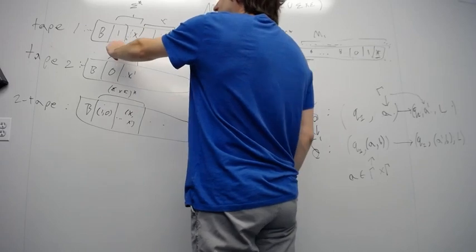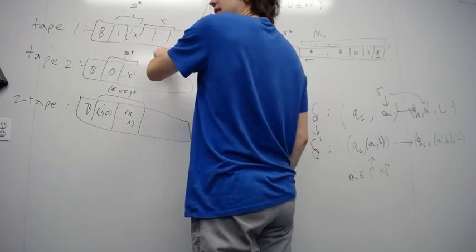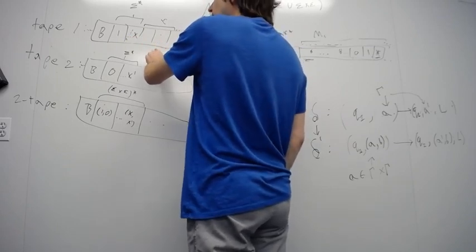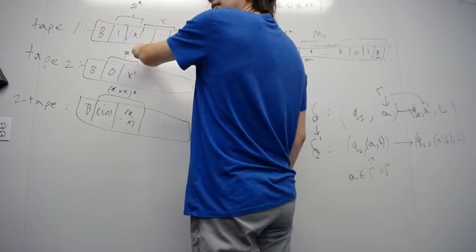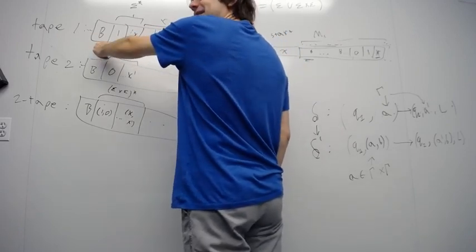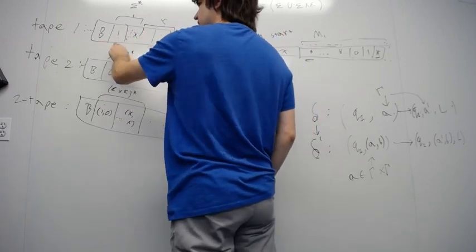If I'd seen a blank here, what would I have done? Eventually I'm going to keep doing that until I see a blank. I don't write anything. I move left until I see another blank, because then I'm back here. So first, read blank, move right.